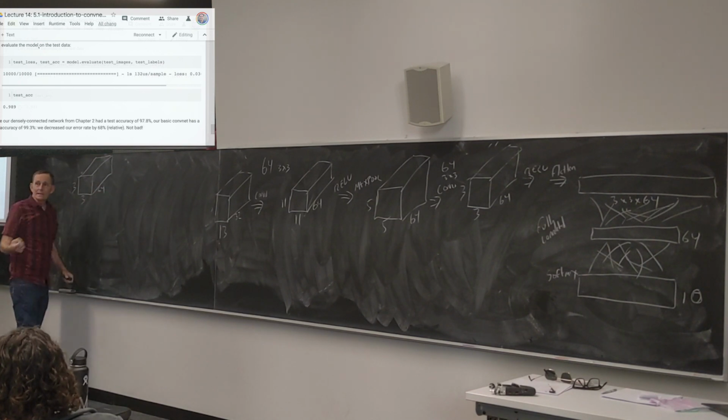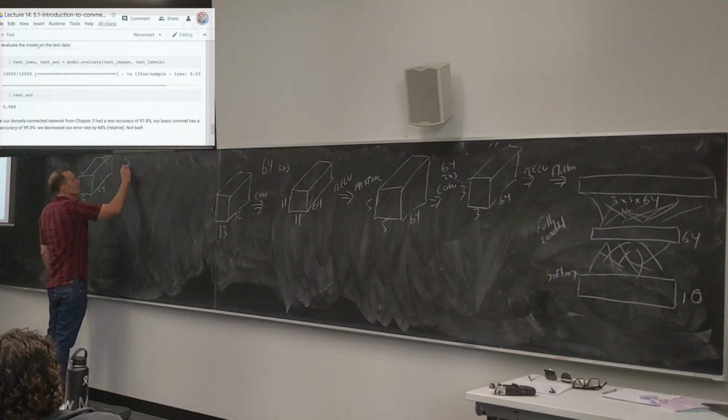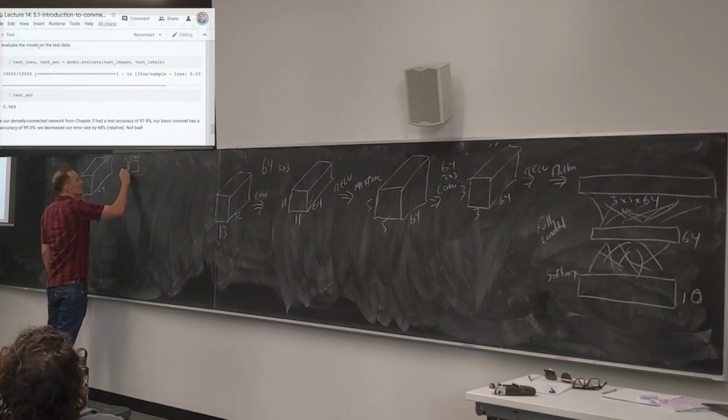We did have a fully connected layer that went to something of size 64 after the flattening. I am going to propose that we use a convolution 3 by 3, so 64 3 by 3 convolutions.